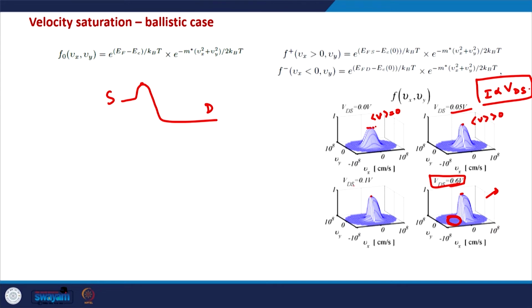At 0.1 volts, these negative velocity electrons are extremely small in number, and as we increase the voltage slightly above this 0.1 volt value, the negative velocity electrons will be almost 0, and at 0.6 volts, the negative velocity electrons are almost gone.